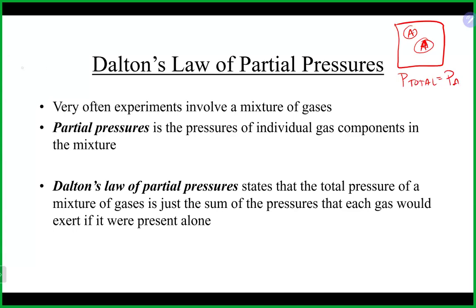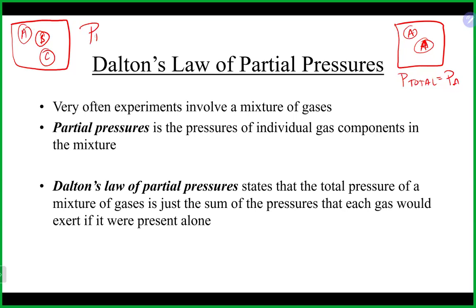Now, oftentimes gases do come as mixtures of gases. So if you have a container that contains gas A and gas B and gas C, the difference here is they are each contributing to the overall pressure of the situation.